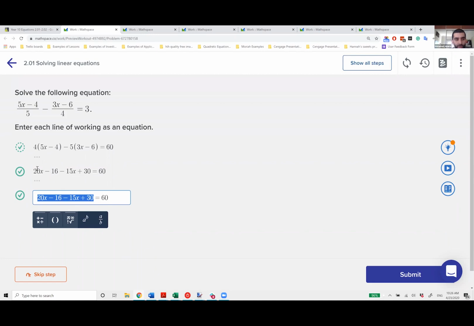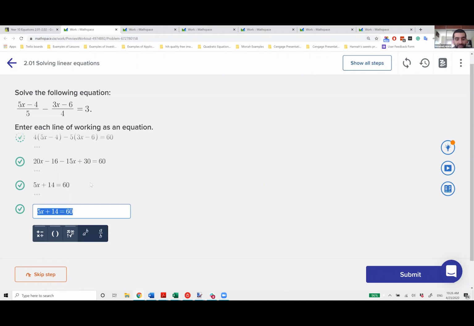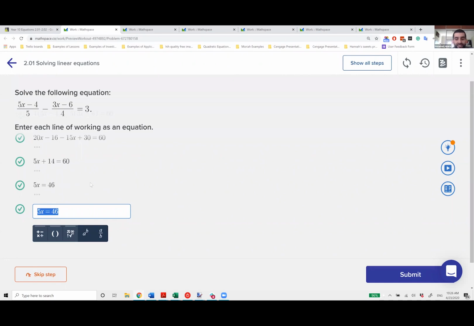So the 20x minus the 15x is going to give us 5x. Minus 16 plus 30 is plus 14. And so we have 5x is equal to 60 minus 14, 46. x equals 46 on 5.